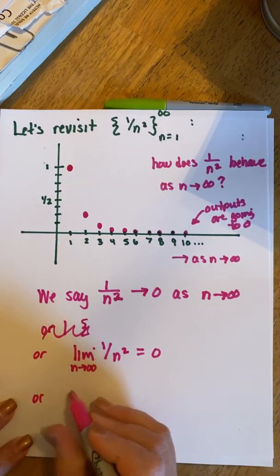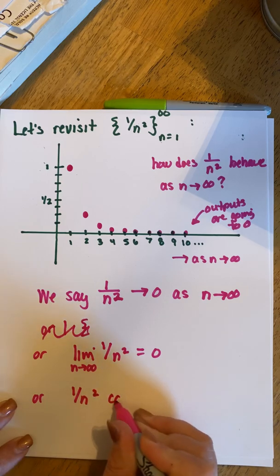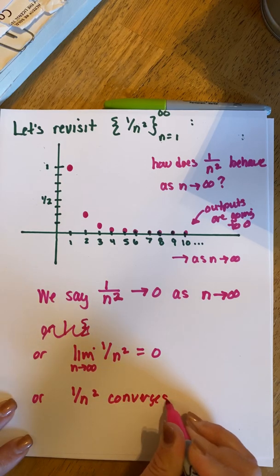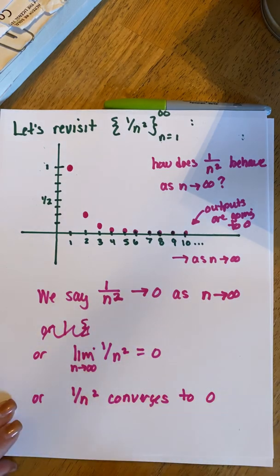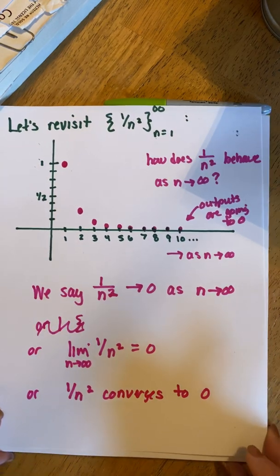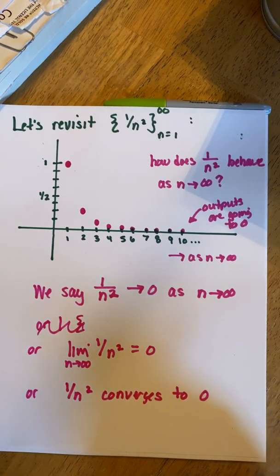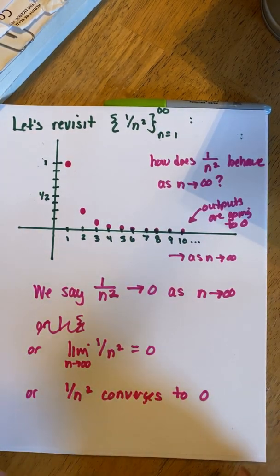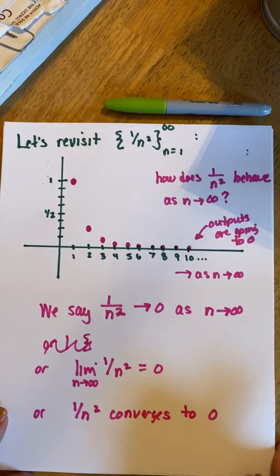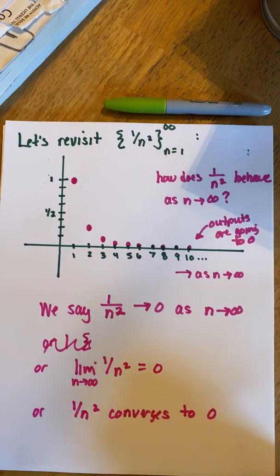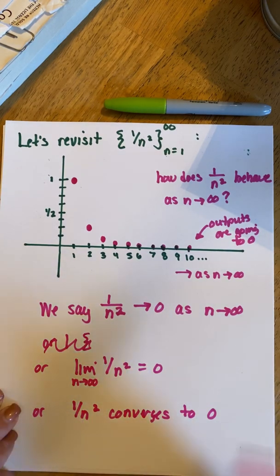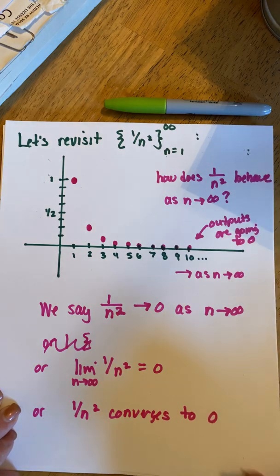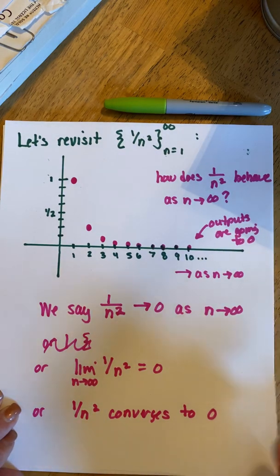Or we can say 1 over n squared converges to 0. So that's where we're interested in, how these limits behave as n goes to infinity. What is their eventual behavior? So if you go back into your Calc 1 notes, look at the section on infinite limits. Limits at infinity. Sorry, infinite limits is when the output is infinite, but we're always going to be talking about how these sequences behave as n gets infinitely large.